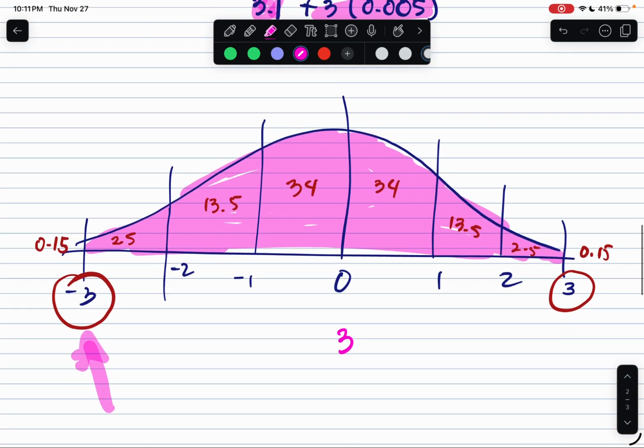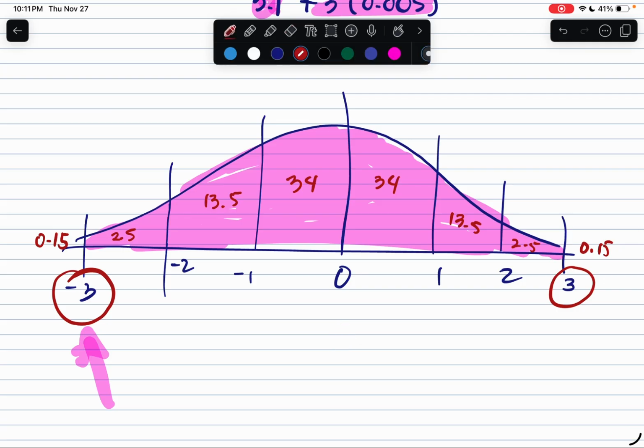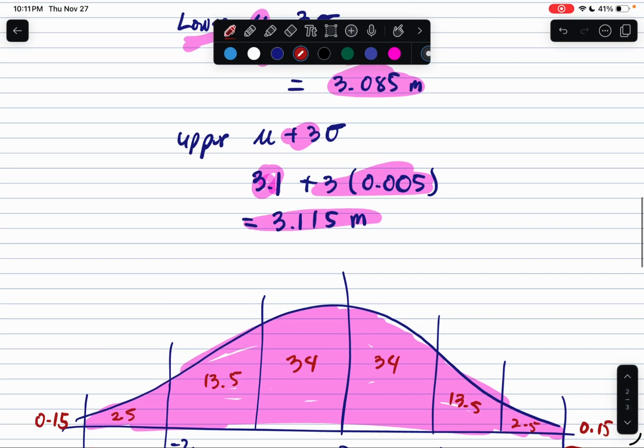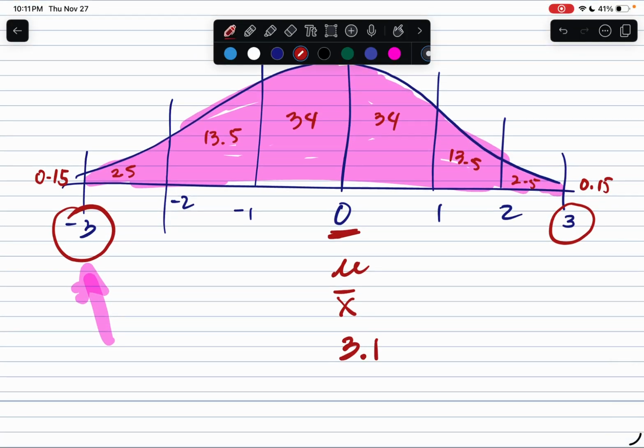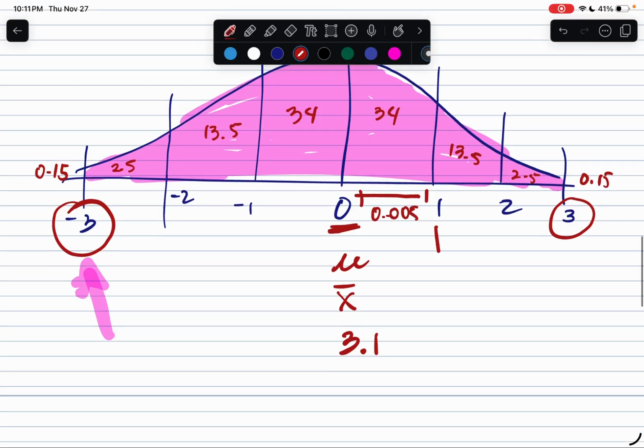So I'm going to explain this one first. Our mu, our mean, should be at the center, and the mu that is given here is 3.1. And then I said this is one standard deviation, right? So if this is 0.005, if we add that, that will become 3.105, right?